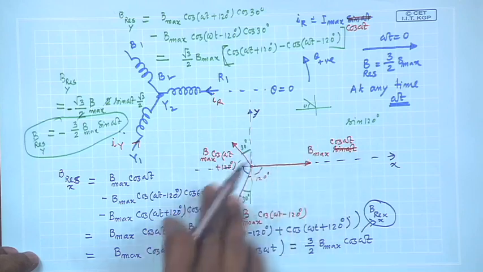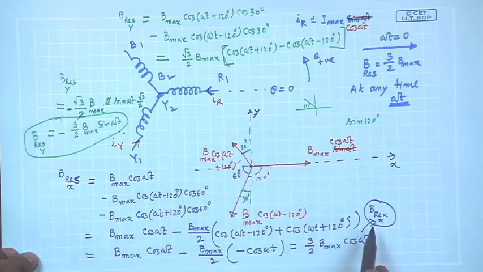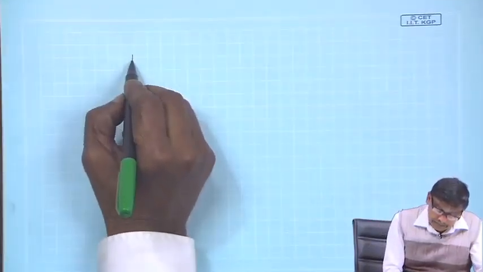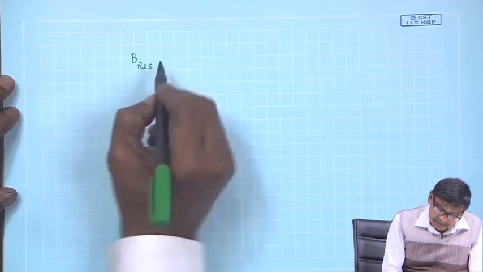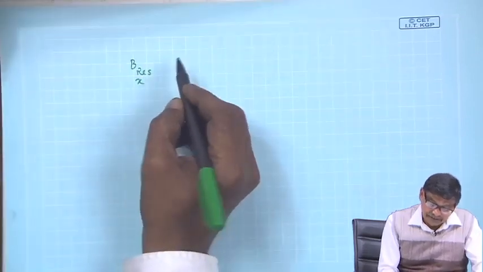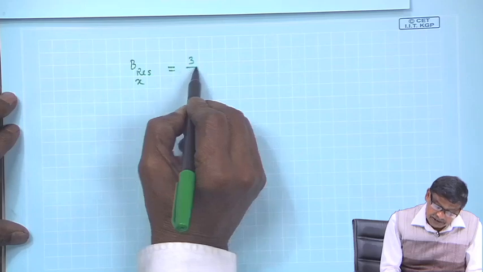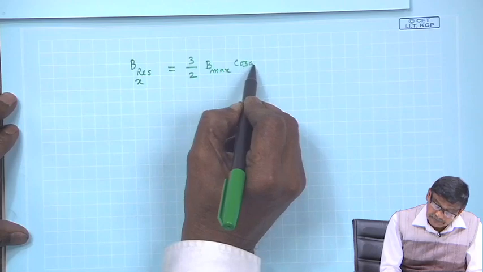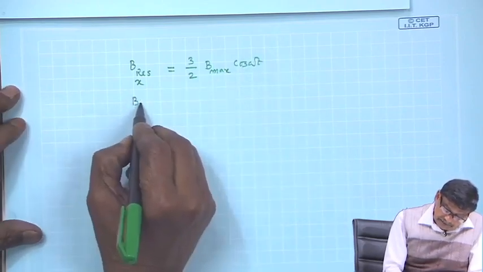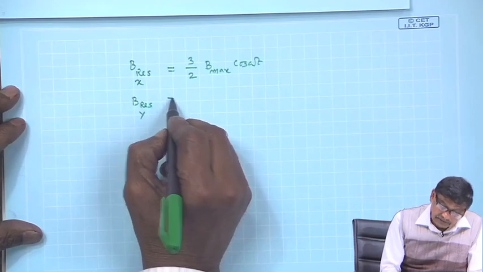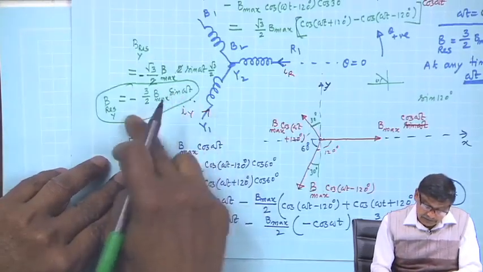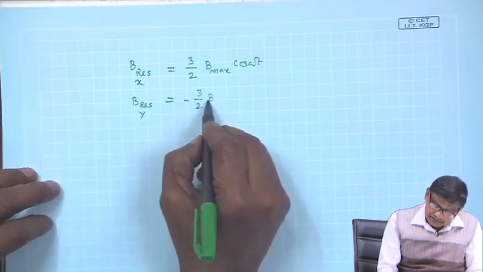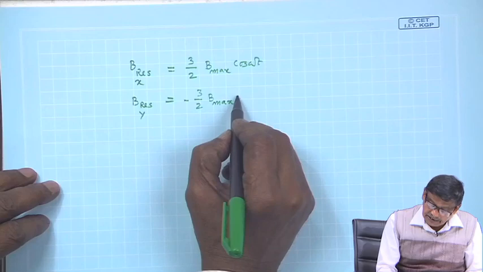Similarly, the y components we have calculated, separately. So, finally, what we have got is this B resultant x component is equal to 3 by 2 B max cos omega t, and B resultant y component I have calculated this one, which is minus 3 by 2 B max sin omega t.